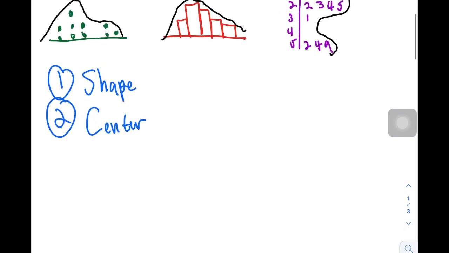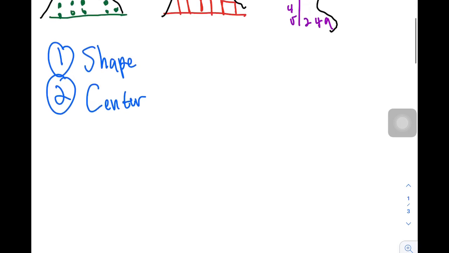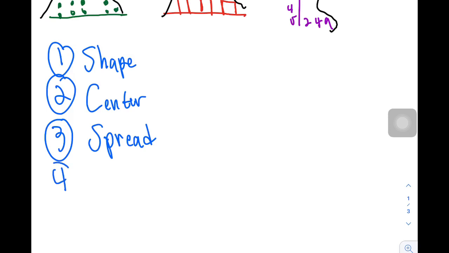We want to describe where the center of whatever data distribution I give you is, whether that's a histogram, a dot plot, or a stem and leaf plot. Then we want to talk about the spread. What I mean by that is how spread out is the data from the center. Is it all really clustered around the center? Is it all pretty far out from the center? That's what we mean by spread.